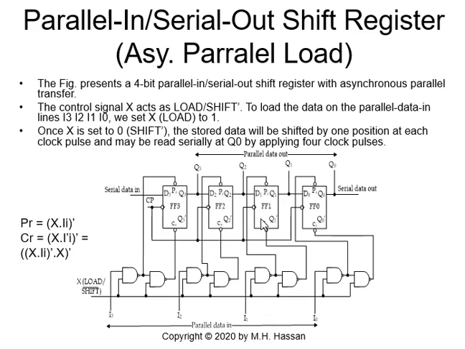So this is data in parallel, asynchronous parallel load, and you can get the data out in serial, allowing you conversion from parallel to serial, or even get the data out in parallel if you want to observe the data.